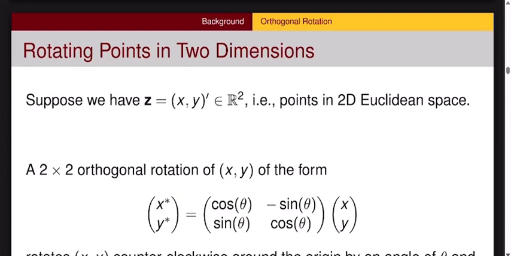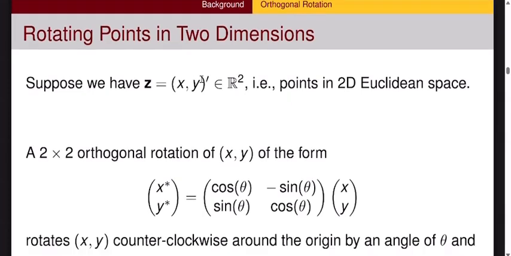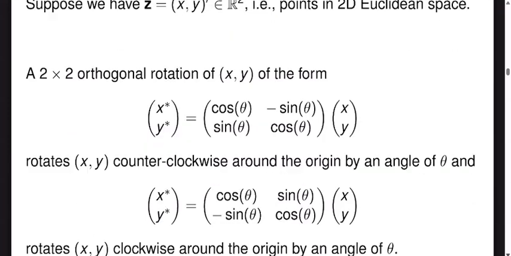Mathematically speaking, if I have variables x and y in two-dimensional space, and I want to do a 2 by 2 orthogonal rotation of x and y, I want to demonstrate to you that doing that rotation, the covariance structure is preserved.